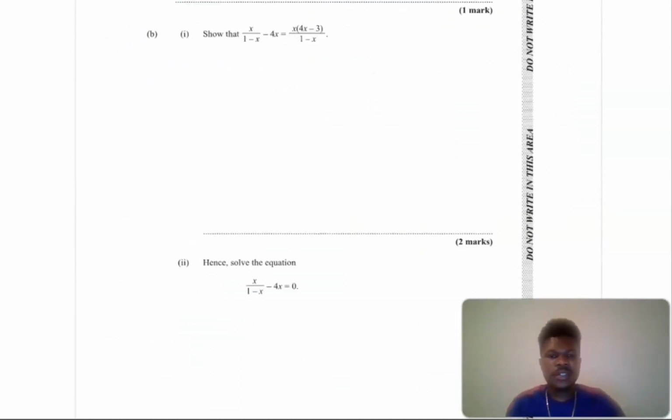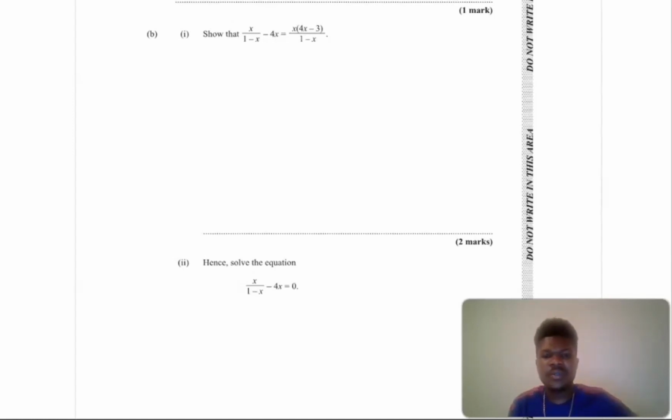Okay, so our next question is, show that x over x minus 1 minus 4x equals 4 times 4x minus 3 divided by 1 minus x. So the only thing changing is our numerator. There's a product, so it means that we're going to multiply at some point. It's actually factoring. But our denominator, we combine to have one denominator.